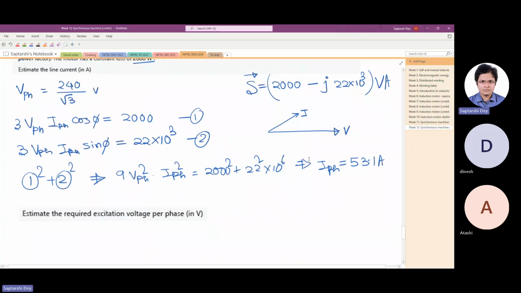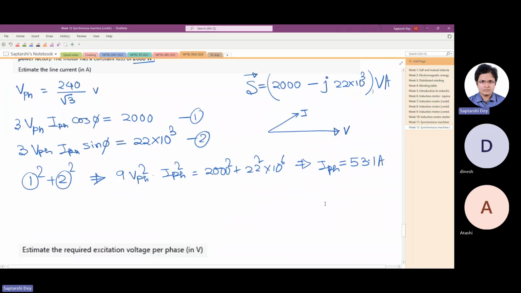Okay, and from here it is not asked, but we can also find out cos phi. Basically I'm trying to find out phi. Cos phi is 2000 by 3 times 240 by root 3 times 53.1.